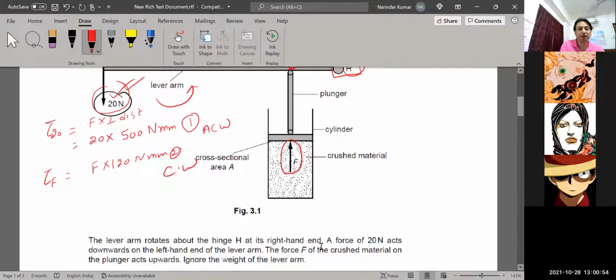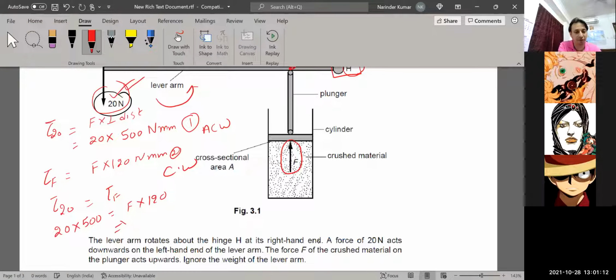So if I apply the principle of moments here, according to that, the clockwise moment is equal to the anti-clockwise moment. So if you equate both these equations, then you will get the answer.